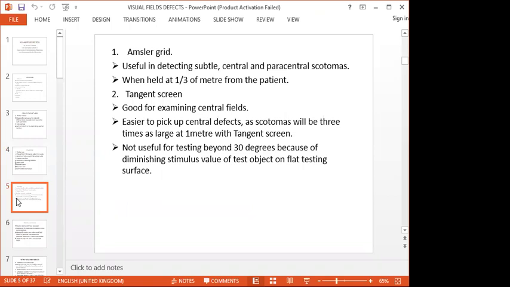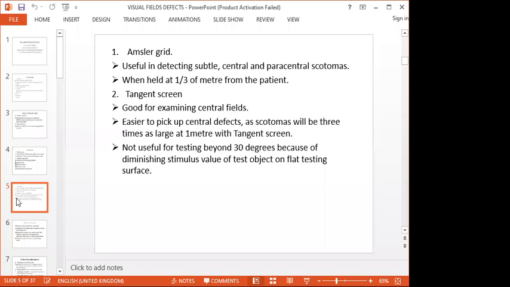Amsler grid is useful in detecting subtle central and paracentral scotomas, the difficult ones. When held at 1/3 of a meter, that is about 33 centimeters, isn't it? Yes, 100 centimeters is a meter, my friend.